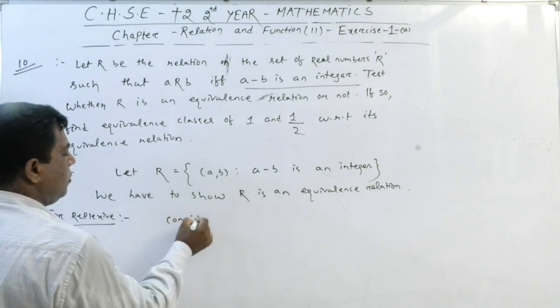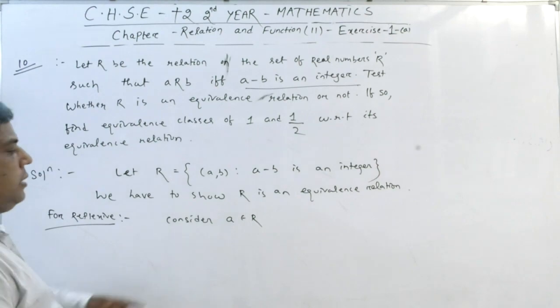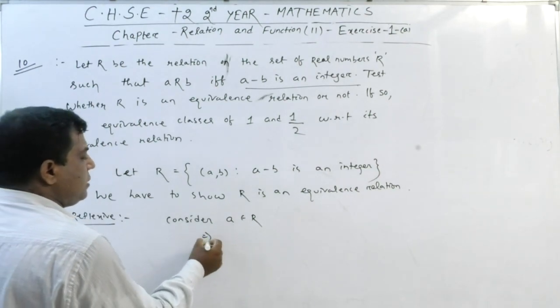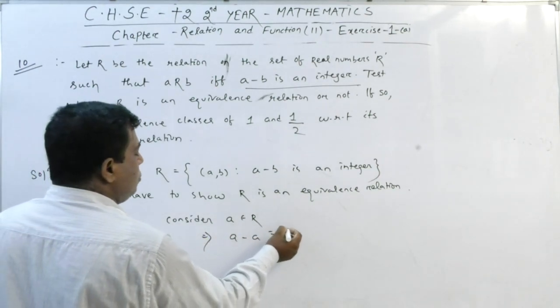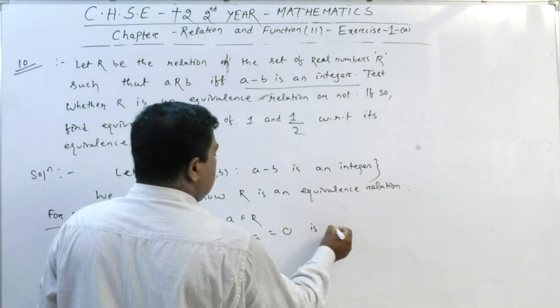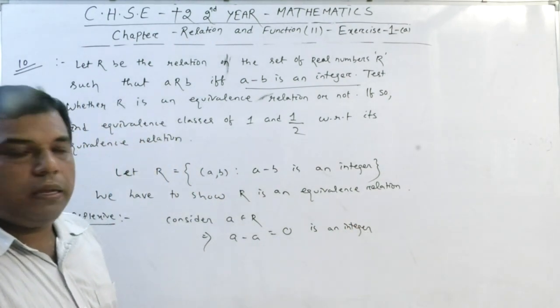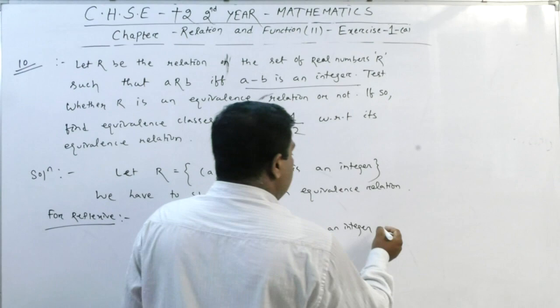Consider a belongs to R, a real number. That implies a minus a equals 0 is an integer. Obviously, if I subtract a real number from itself, I will get 0, which is an integer.